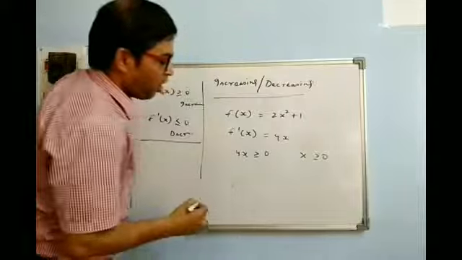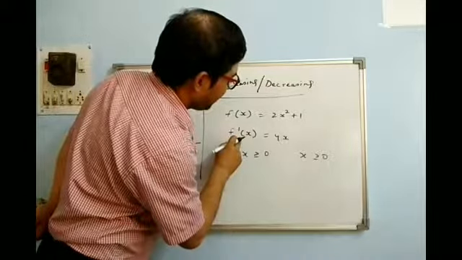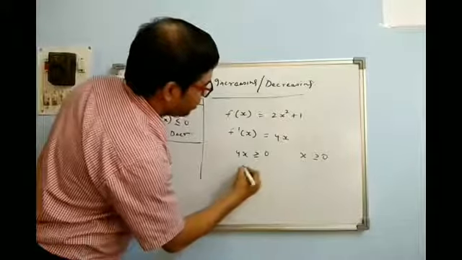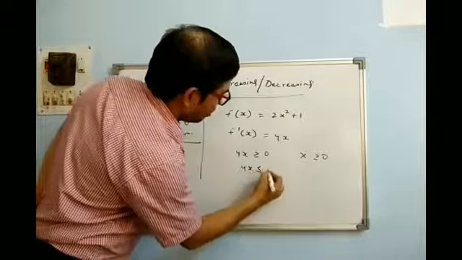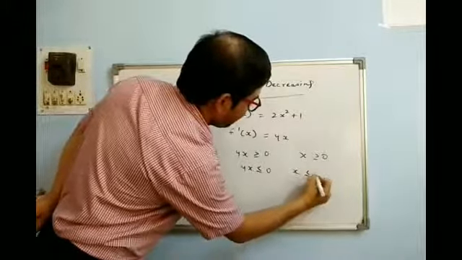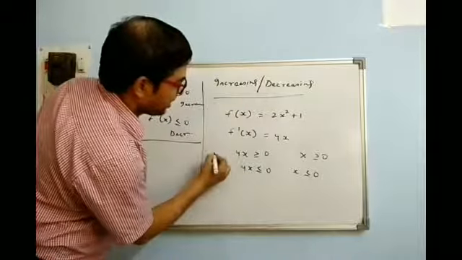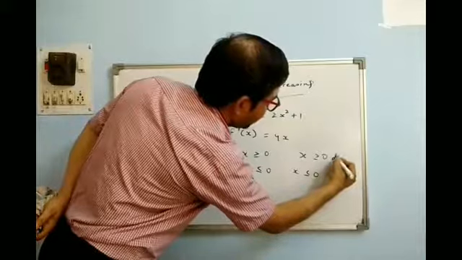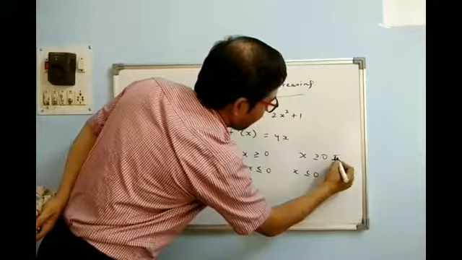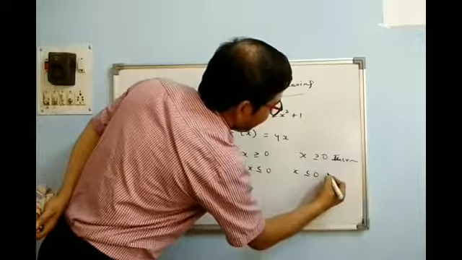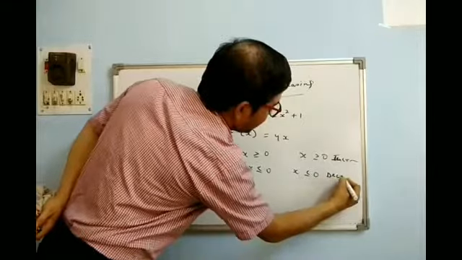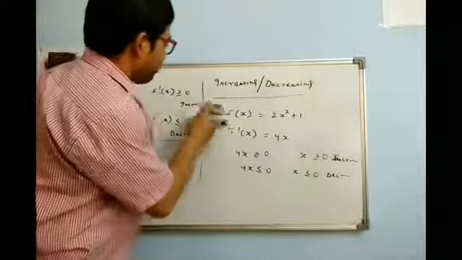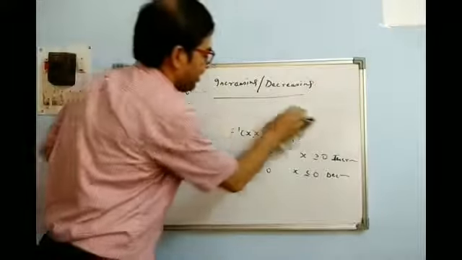That means for all positive numbers this function is increasing, whereas for negative values f dash x is less than 0, when x is less than or equal to 0, the function is decreasing. So for these values of x the function is increasing, and for these values of x the function is decreasing. This is the simplest way to check whether a function is increasing or decreasing.